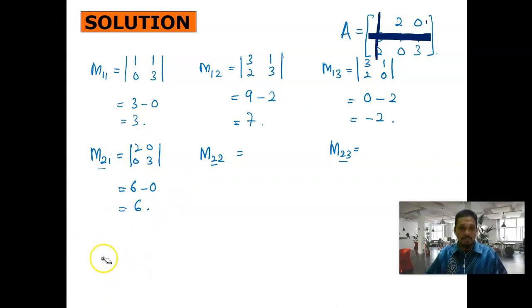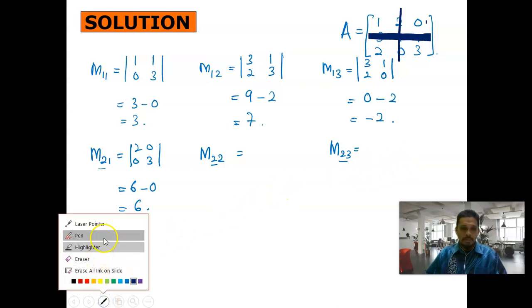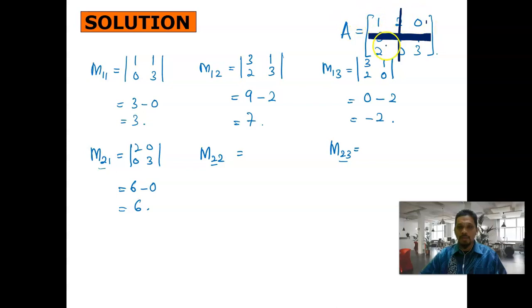Okay, next. Then we go to the second column. We see here now we got 1, 0, 2, 3. So 1 times 3 equals 3, minus 0 times 2 equals 0, so it is 3.